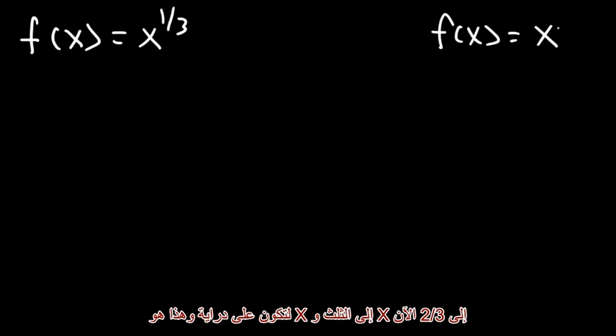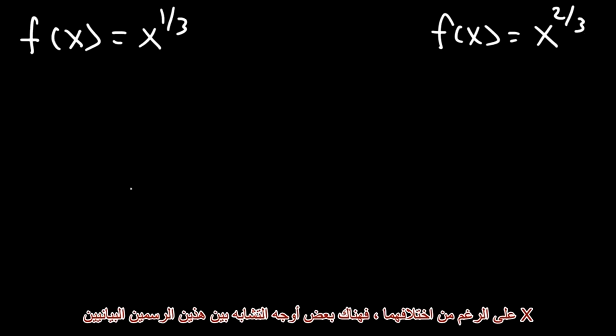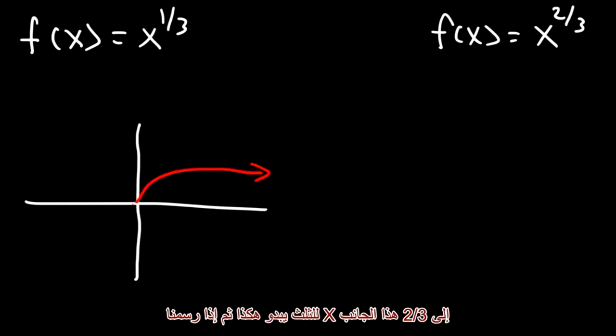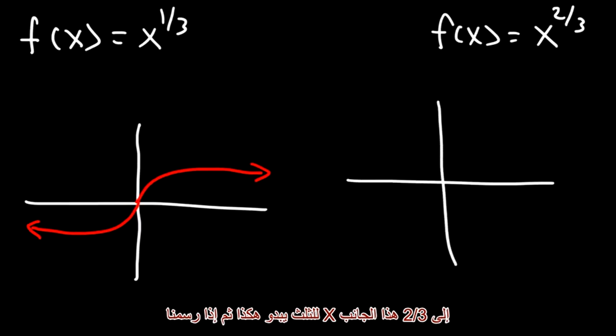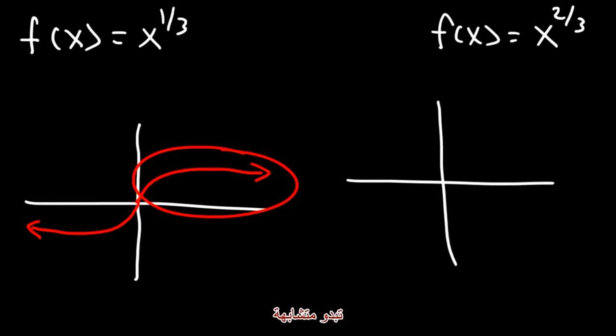Now, there are some other functions that you need to be familiar with, and that's x to the 1/3 and x to the 2/3. Now, even though they're different, there's some similarities between these two graphs. X to the 1/3 looks like this. And then if we graph x to the 2/3, this side looks similar.